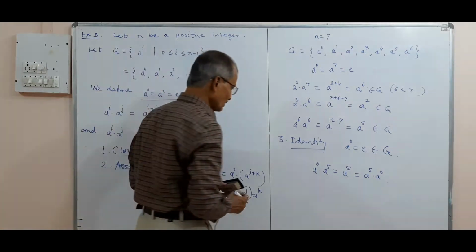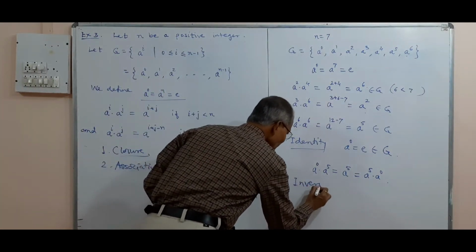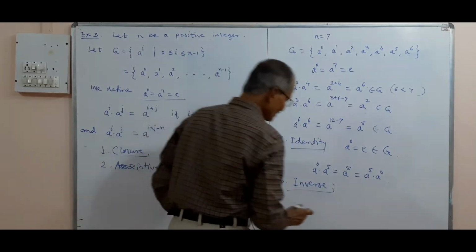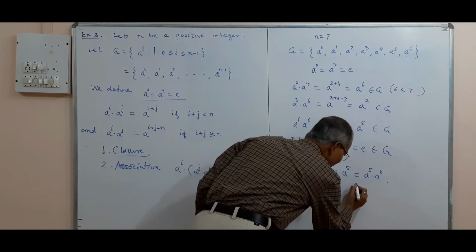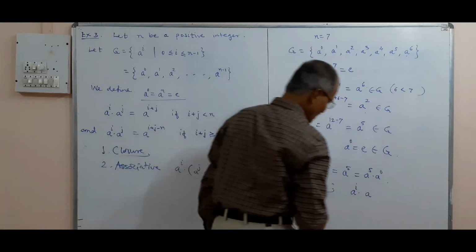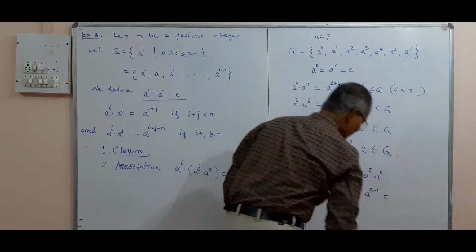And what about the inverse? Fourth, the inverse. We may check for each, or in general we shall write the inverse of a raised to i, and consider the composition of this with a to the power n minus i. And what is the result?